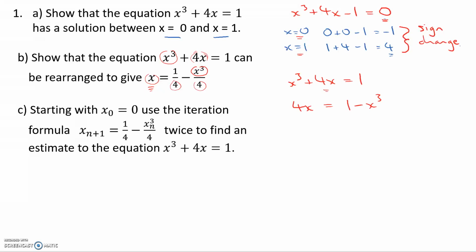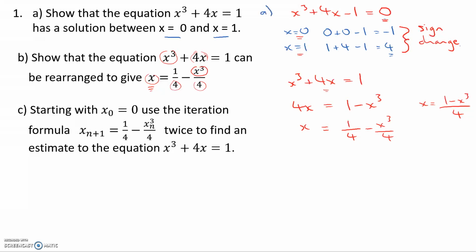So if I divide by 4, we're going to get x equals, you can either just realise straight away that's exactly the same as what they're giving you, or we could have had an intermediate step where we put x equals 1 minus x cubed all over 4, and then separated those two fractions to 1/4 minus x cubed over 4. Okay, all done. Nice and easy.